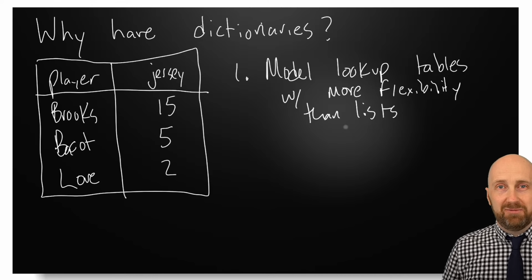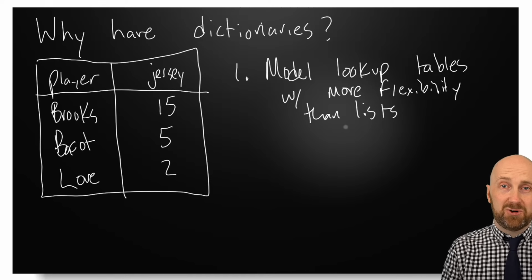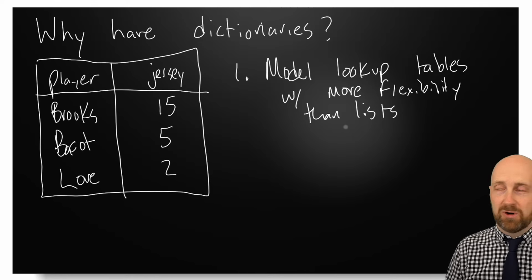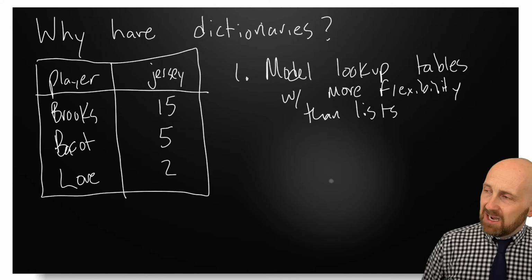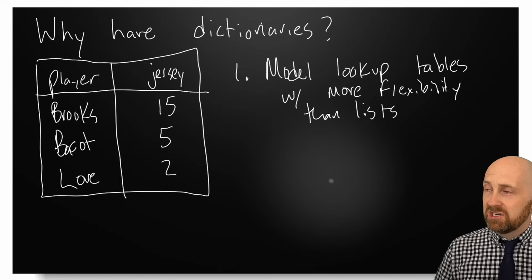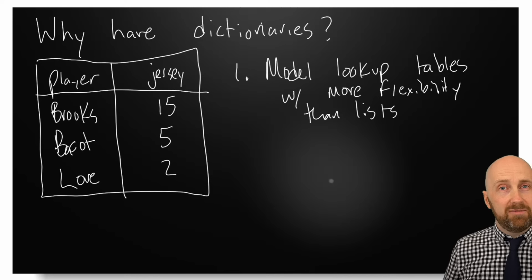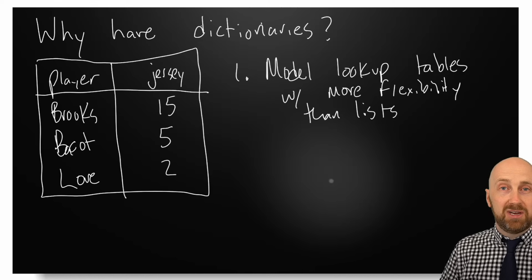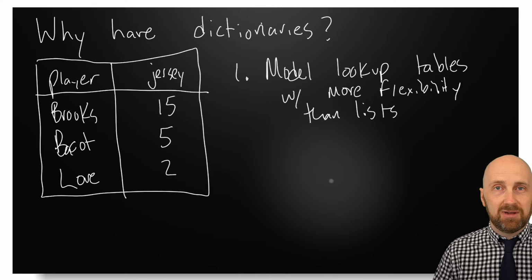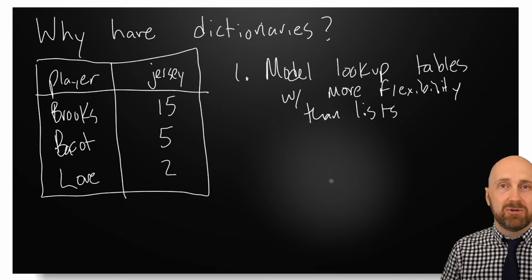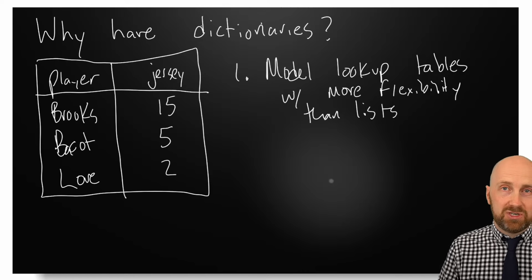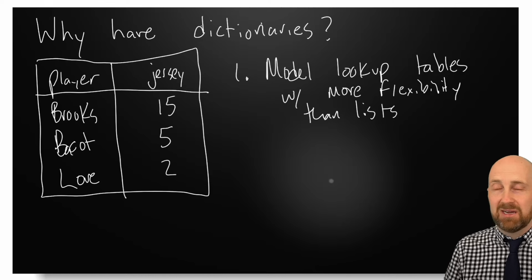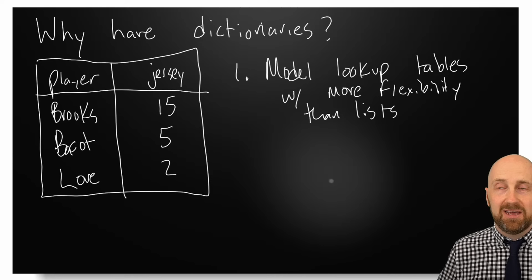But oftentimes we want to have tables that allow us to say, okay, I want to associate the name Brooks with the number 15, or the first person playing my game with their score, right? So another reason that we have dictionaries I've already mentioned, which is oftentimes when we want to have the ability to mutate or to add additional entries to something like this table, we can't use just constants, and it becomes pretty cumbersome if we have to keep track of many different lists.